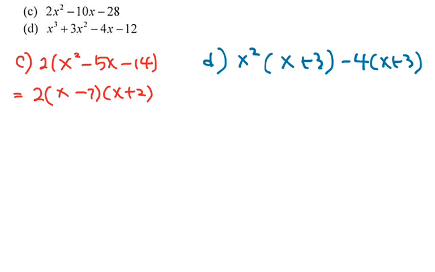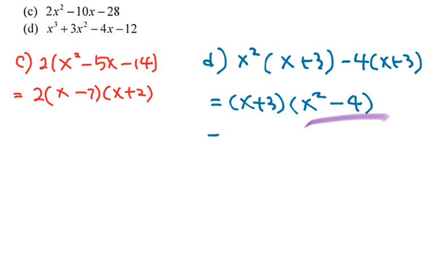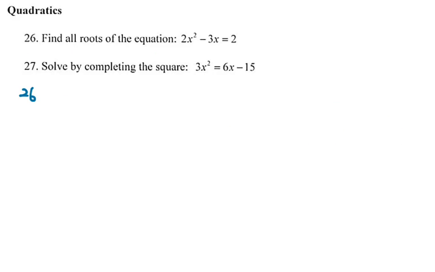Alright, when you look at these two factored forms, x plus 3 is a common factor. So when we factor out x plus 3, we get x squared minus 4. But notice that this is a difference of perfect squares. So I'm going to write the first one as it is, and the second one is x plus 2 times x minus 2. Then that becomes our answer.